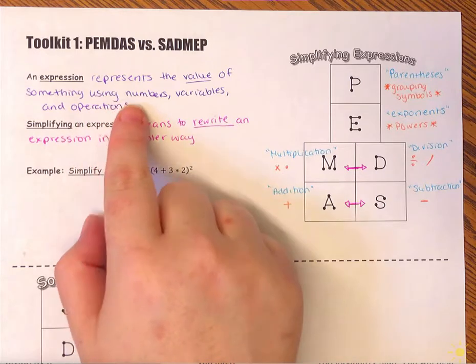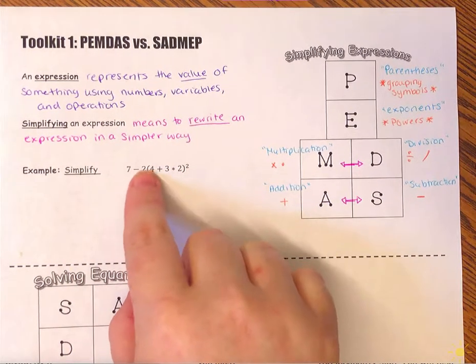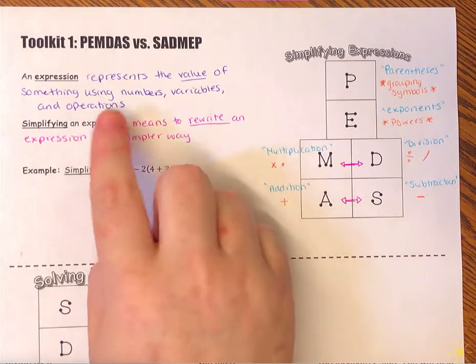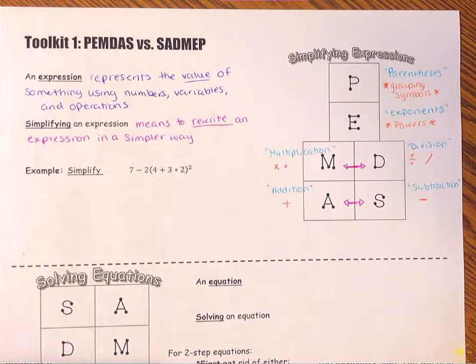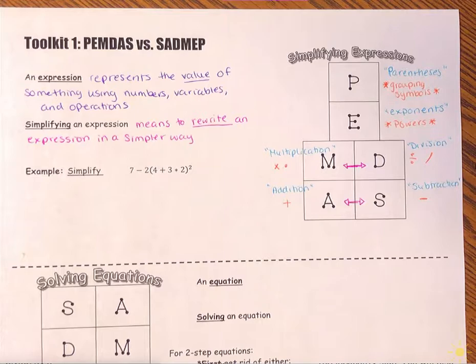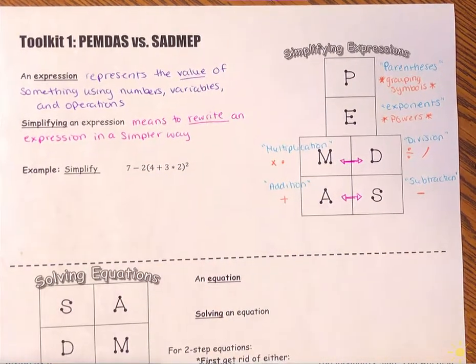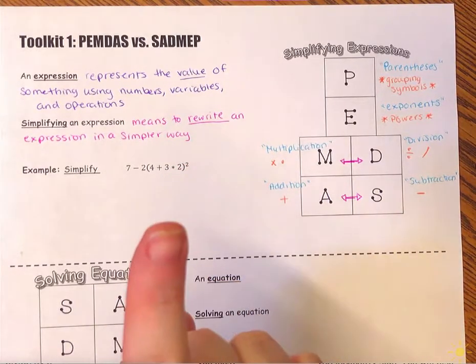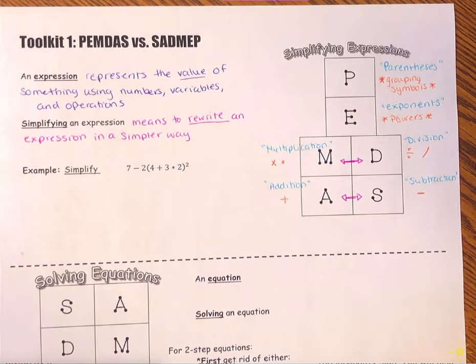An expression includes numbers, variables, and operations. We have numbers and operations in here, but we do not have variables. Variables are letters. If you have a variable, only variables can go together if they have the same letter. These are all numbers. So we will be able to combine everything into one number.